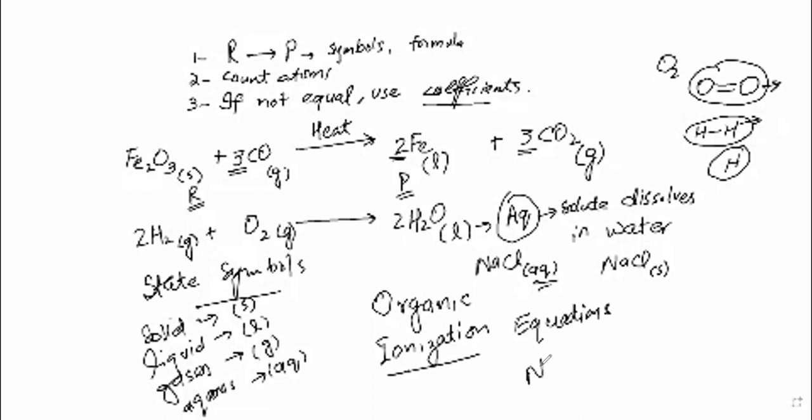Suppose we have Na, it loses electrons to become Na plus. Here we don't need to write which state it is in. Actually it is in the gaseous state, but we mostly leave it out, as it's not as important in the ionic equation.